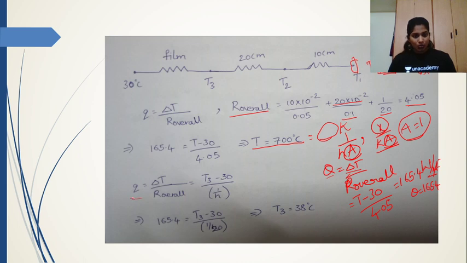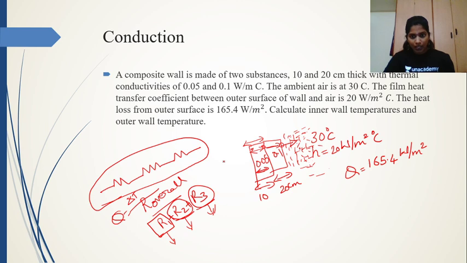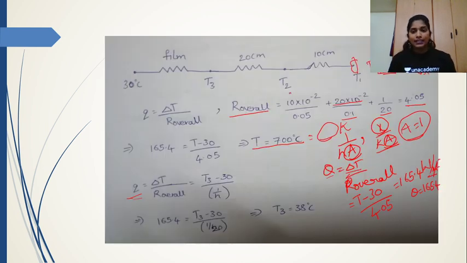The next one is the inner wall temperature and outer wall temperature, right? We have already calculated the outer wall temperature. What we need is the inner wall temperature.